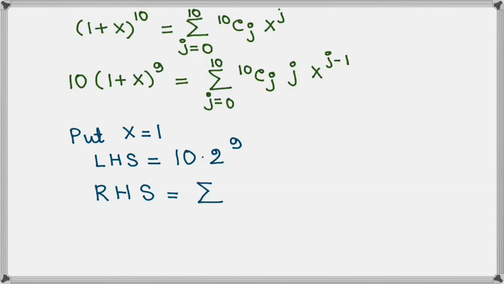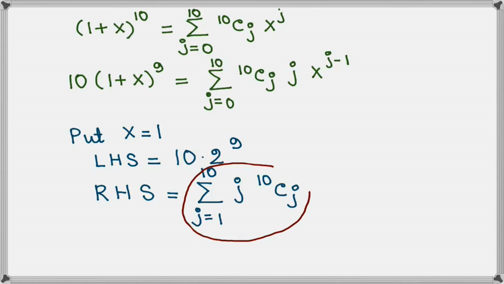the sum from j = 1 up to 10 of j into 10Cj. Now we can note that this sum from j = 1 up to 10 of j into 10Cj is nothing but the sum S2. Therefore, we have found the value of the sum S2, which is 10 into 2^9.